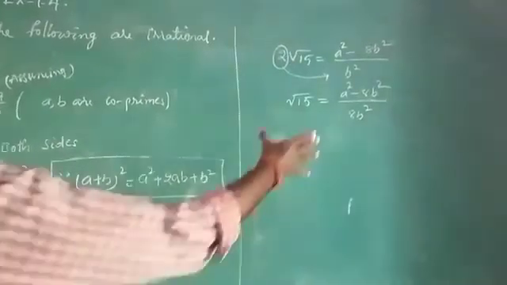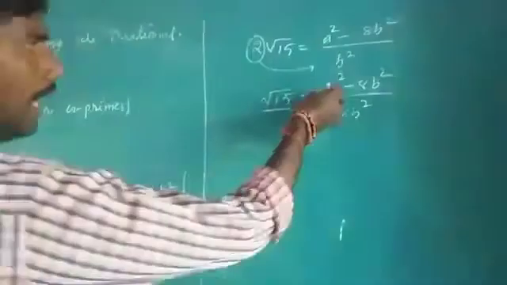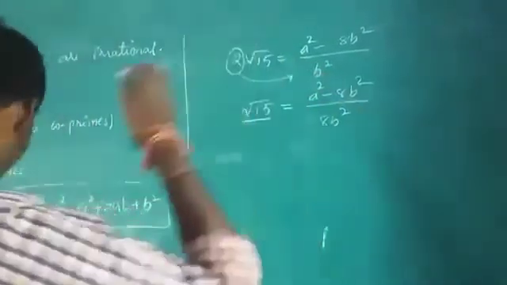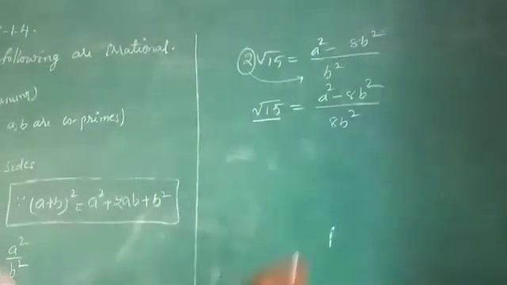Once you concentrate on that calculation, you need to understand clearly that root 15 is an irrational number, and (a^2 - 8b^2)/8b^2 is what you will tell, a rational number. It is in the form p by q or not?